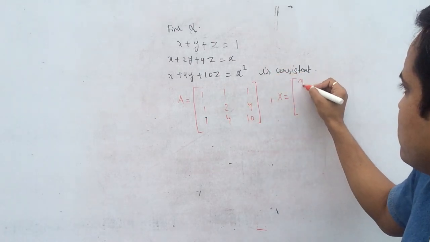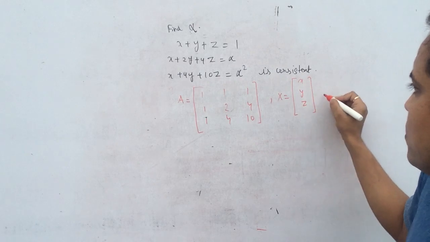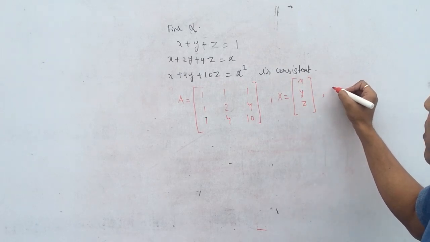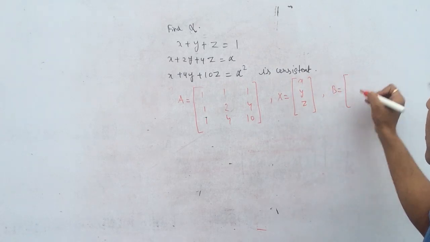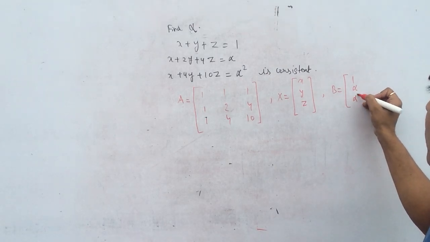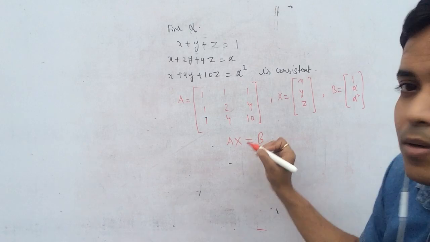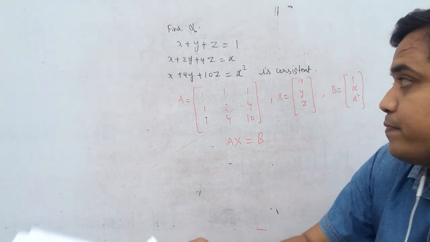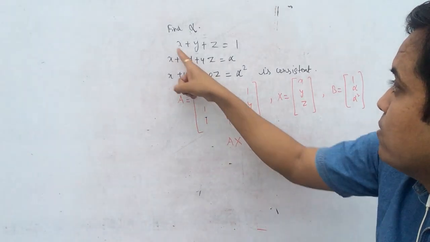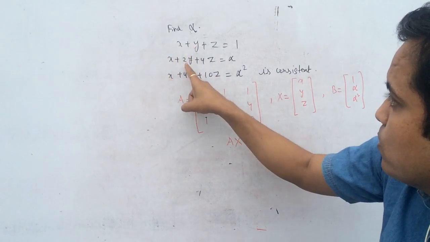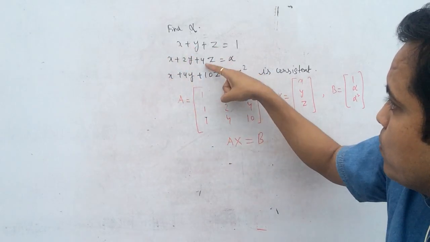It is x, y, z. What is the constant matrix? B is 1, alpha and alpha square. So you know that it can be written as AX equal to B.